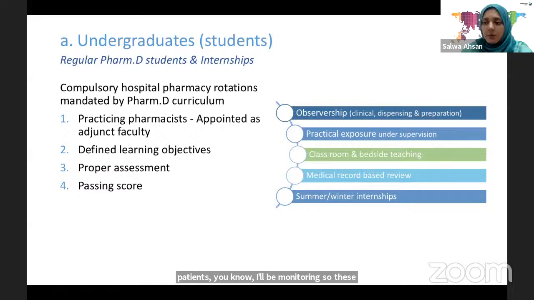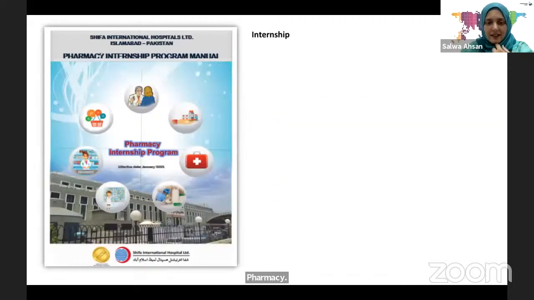And in addition to that, for those who have aptitude for hospital or clinical pharmacy, we offer them additional weeks of rotation during their summer and winter breaks. So these are voluntary things, nothing to do with their degree program, but this is an incentive that we offer for those students who have more attraction towards hospital or clinical pharmacy. So as a bonus scheme, we offer them the summer or winter internships as well.